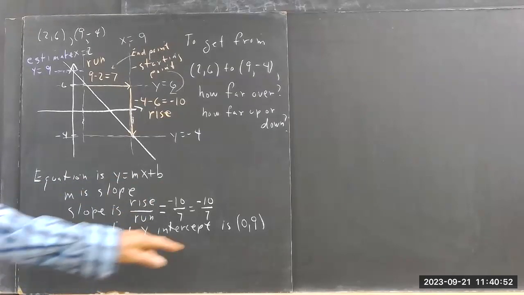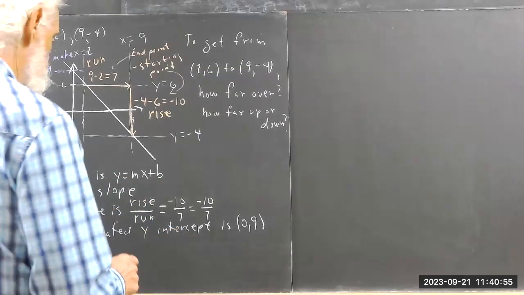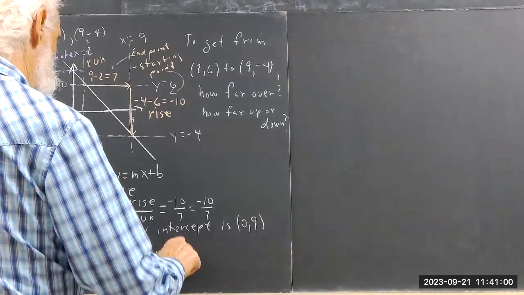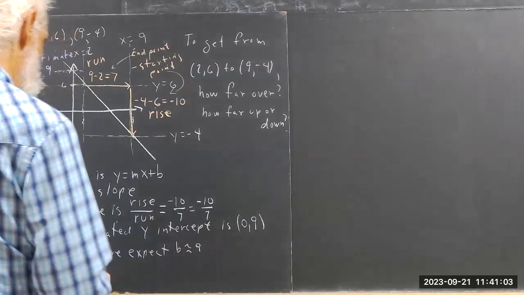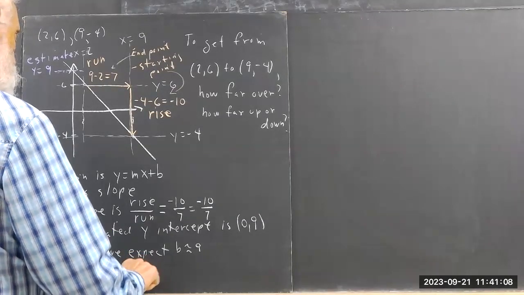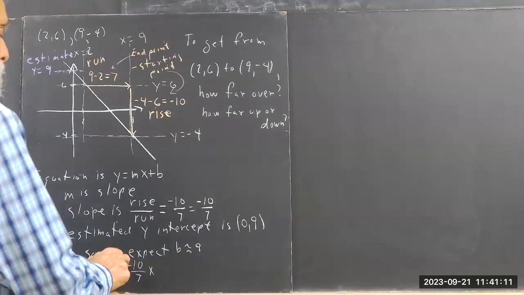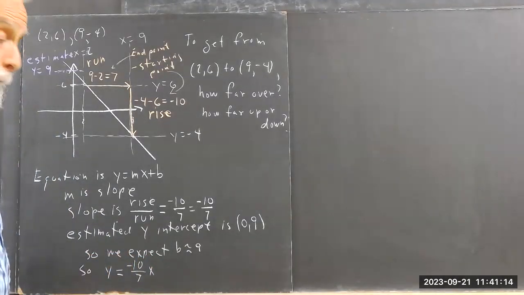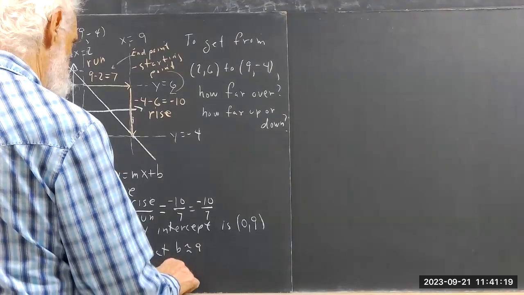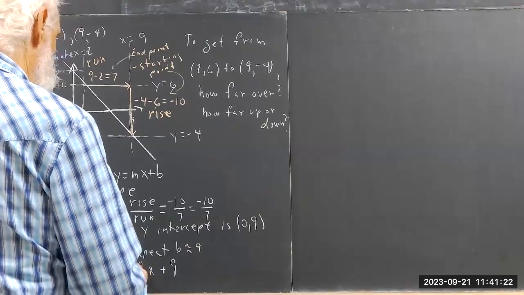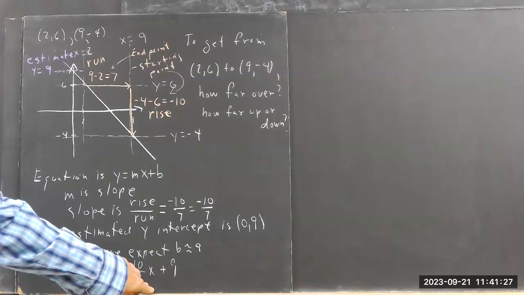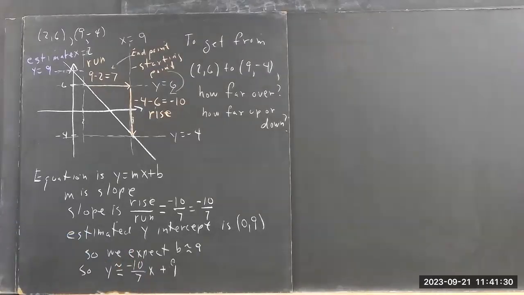Tells you that b should be pretty close to 9. Now we're sure, if we've counted correctly, that the slope is negative 10/7. And I'm pretty sure that's what I saw in all the papers. And everybody had the same thing. Okay, so this wavy little thing above the equal sign means it's approximately equal to negative 10/7 x plus 9.